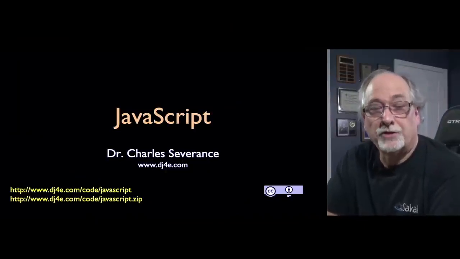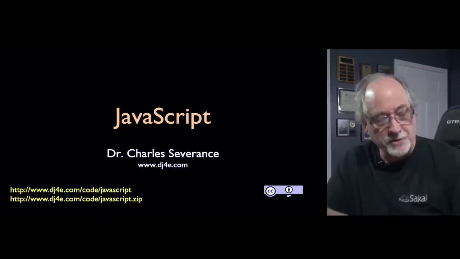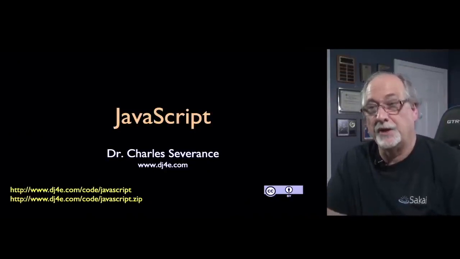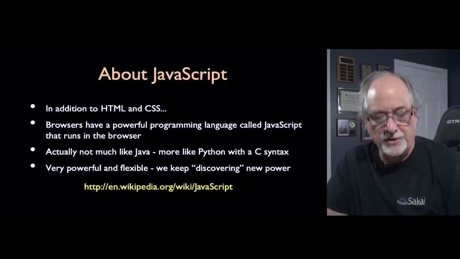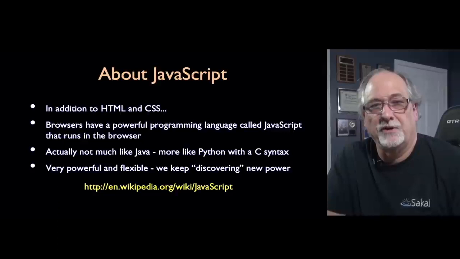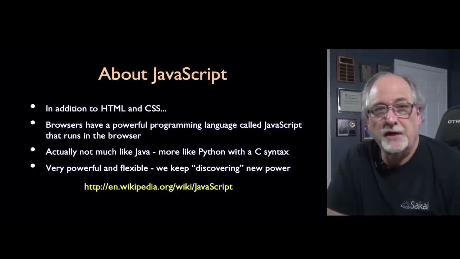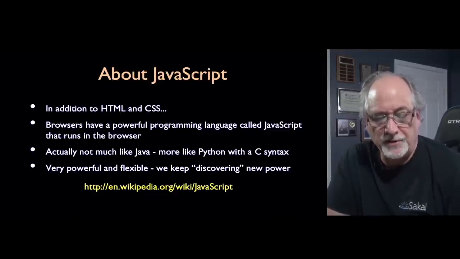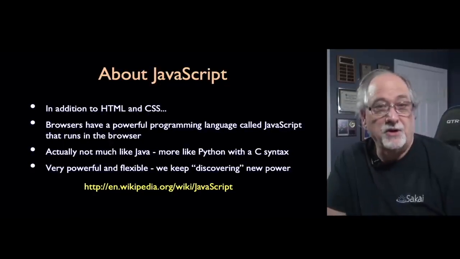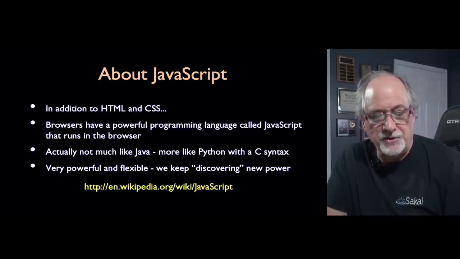Hello and welcome to our lecture about JavaScript. JavaScript is another programming language, and if Python is the only language you know, it's quite a bit different than Python. JavaScript was originally designed as an addition to HTML and CSS, and it really started as a programming language that runs right inside the browser.